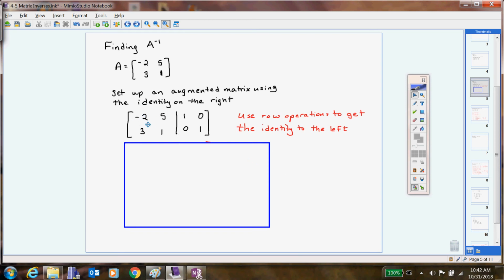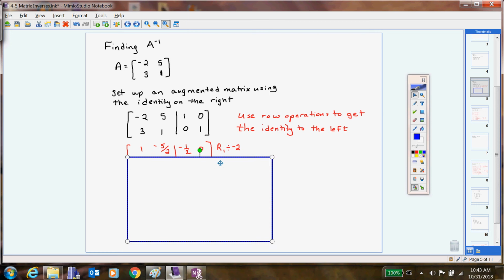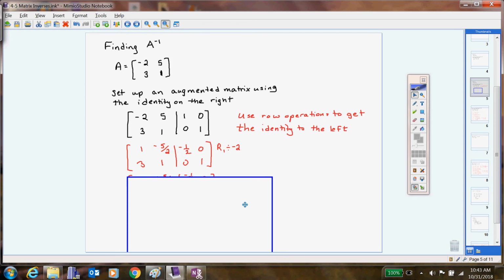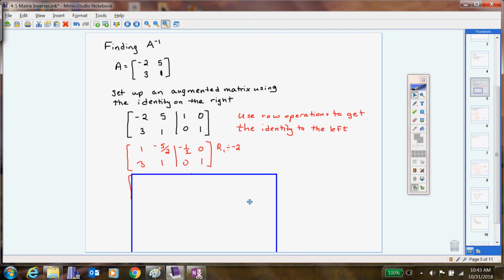The first thing here, if we're trying to get a 1 up here, would be to do what to this row 1? Good: multiply times -1/2, or divide by -2. When we do row 1 divided by -2, this turns into a 1, this into a 5/2, this into a -1/2, and that into a 0. And we'll keep the other row just as it is for a minute.